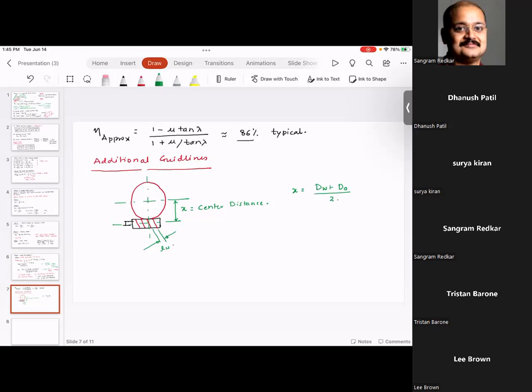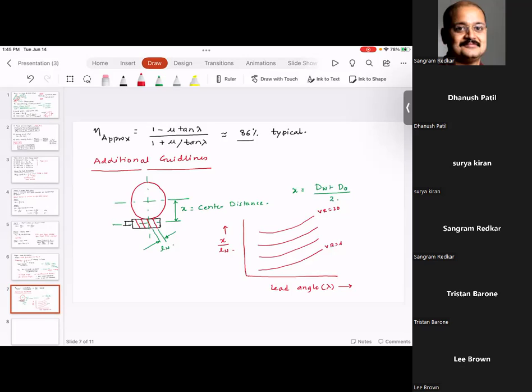And what you do is, there is a chart wherein we have the lead angle on the x-axis. We have x divided by ln on the y-axis, and then there are these different velocity ratios. So say this is velocity ratio equal to 20. This is velocity ratio equal to 4.